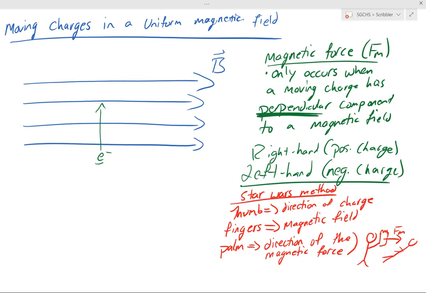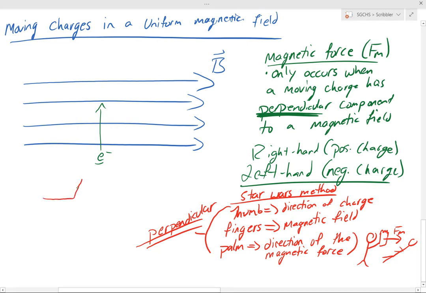So how would I figure out the direction of the force this electron feels? Something to note before I move on: they're all perpendicular to each other. Now let's use the left-hand rule in this case to figure out the force this electron feels. Our thumb will first of all be pointing upwards, and then our fingers are going to be our magnetic field.